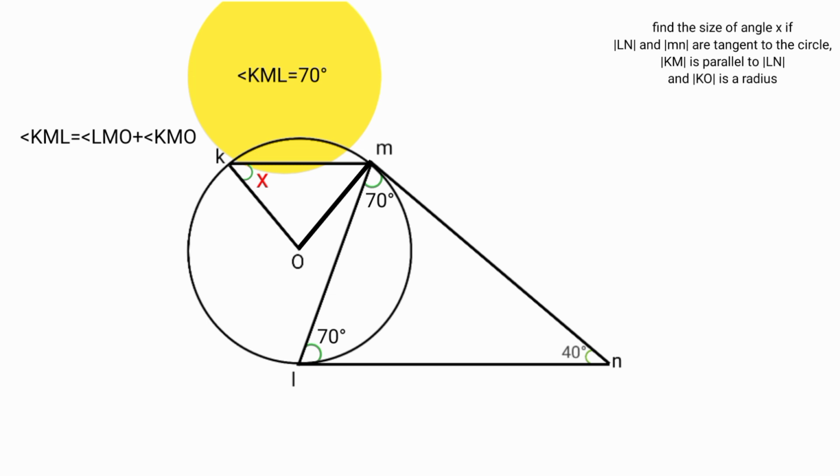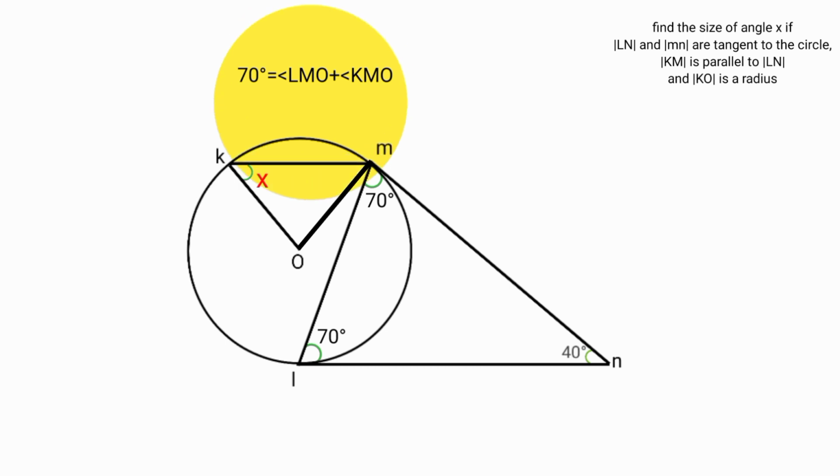But angle KML here is 70 degrees, so we can substitute 70 degrees now equal to angle LMO plus angle KMO. Now if you come back to this triangle KMO here, since this side and this side here are equal because they are radii, that means it is an isosceles triangle with this angle here as the vertex angle, and this angle X and this angle KMO as the base angles of the triangle.